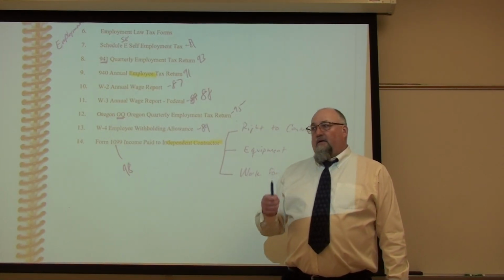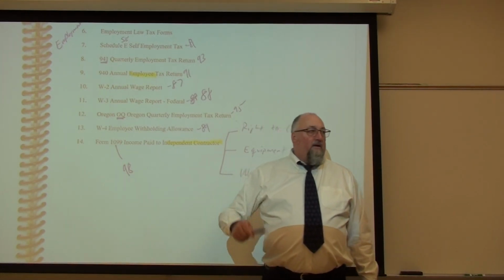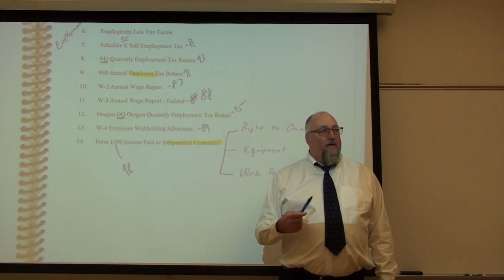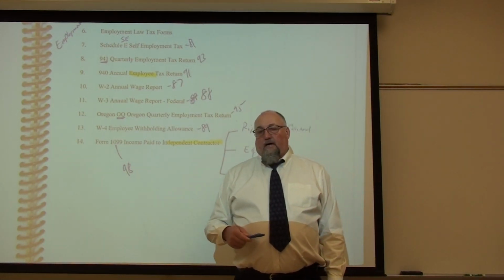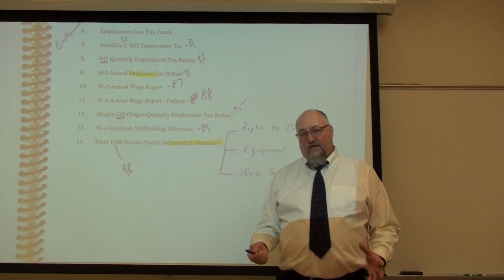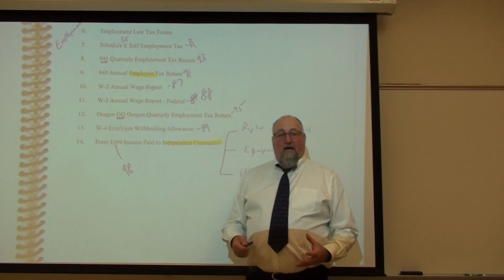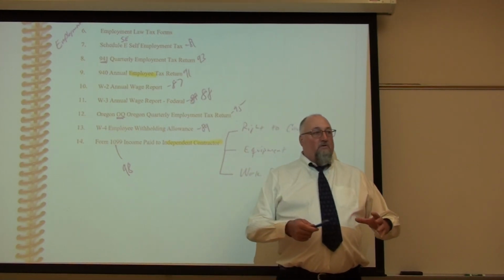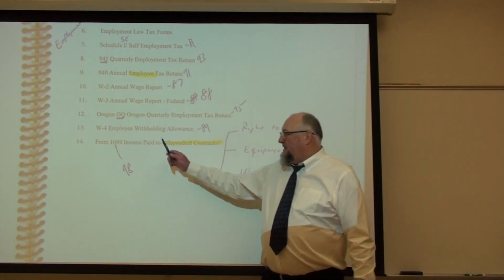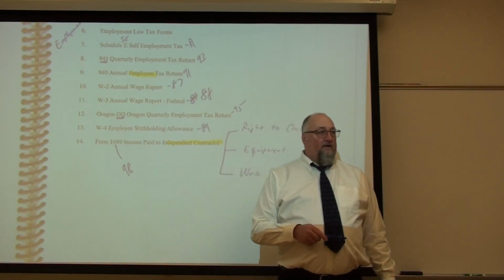Do not give an independent contractor a W-2 and then try to claim that they're an independent contractor. I've seen that happen before. You just messed up big time. You might be able to fix it, but you'd have to have really good evidence. Because a W-2 is what you give to an employee, not an independent contractor. A 1099 is what you give to an independent contractor.